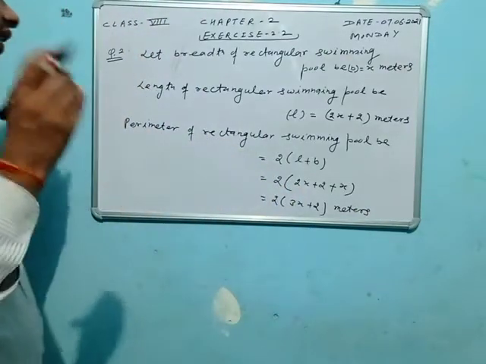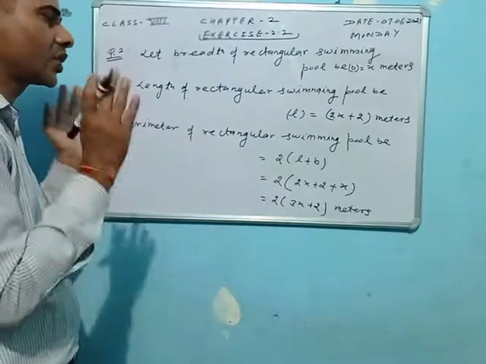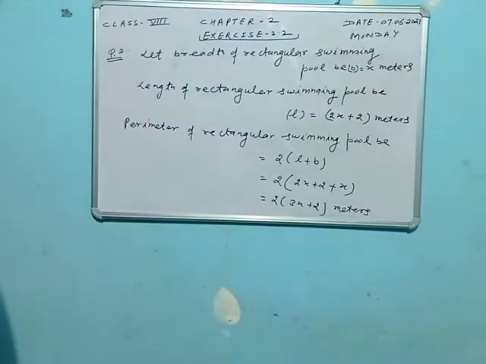Now students, the perimeter of the rectangular swimming pool is given as 154 meters.